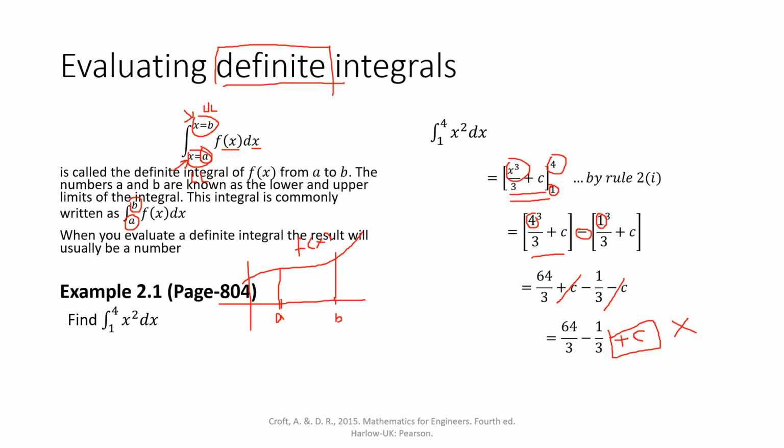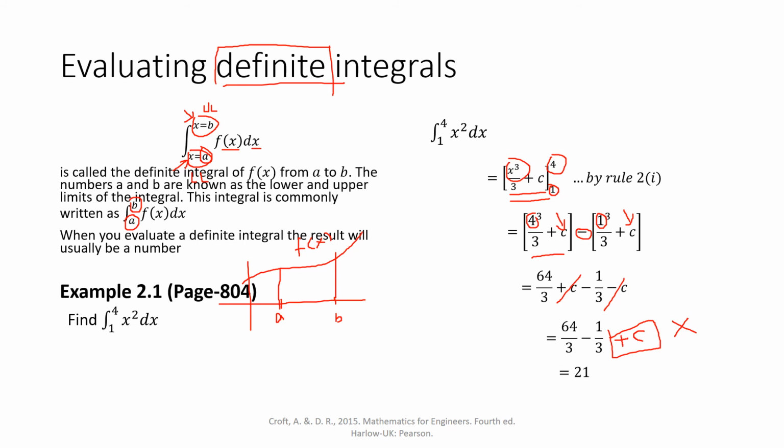Constant of integration is given in the antiderivative, or the reverse of differentiation. In a definite integral there is no c. But for the sake of concept I explained here that if c is coming, that c will be automatically finished, so you don't need to write c. The answer is 21 without c.